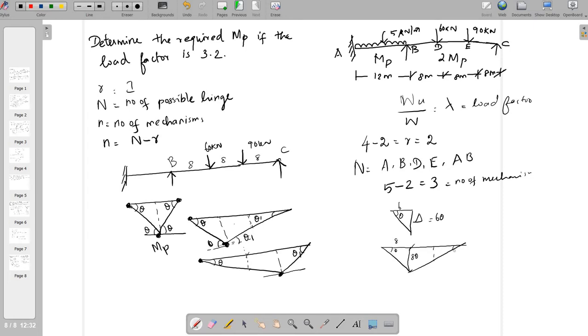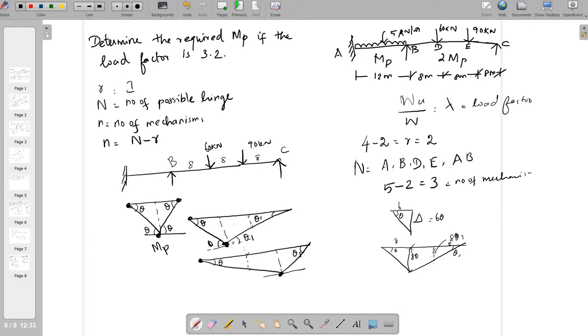But here it is theta 1, and here it is 8 theta 1 because the distance is 8. So if you find the deflection here, theta equals delta by 8, so delta equals 8 theta 1. We should find some relation between theta 1 and theta. How can we find the relation between theta 1 and theta?